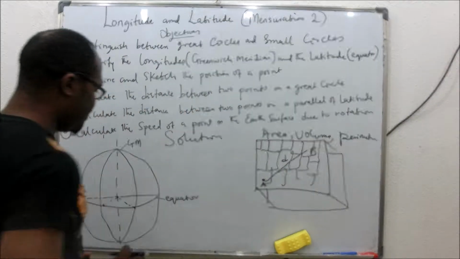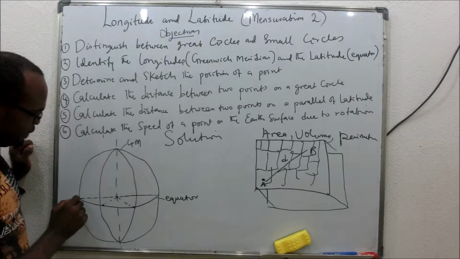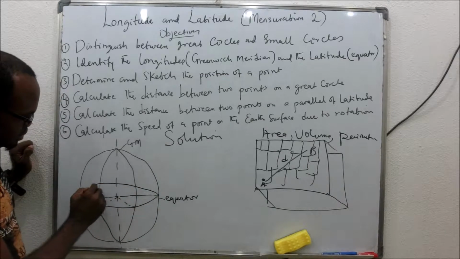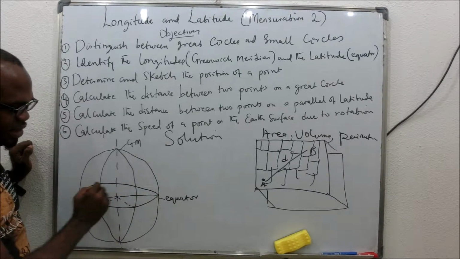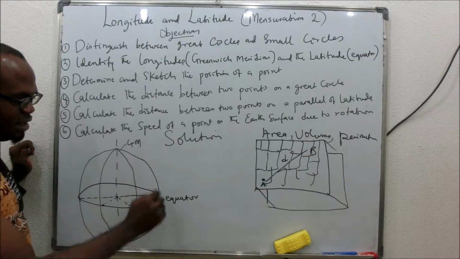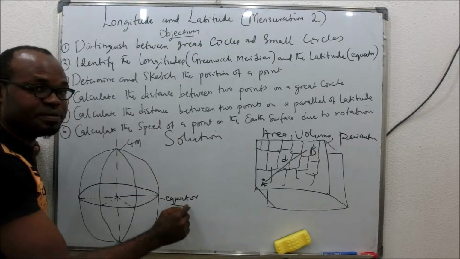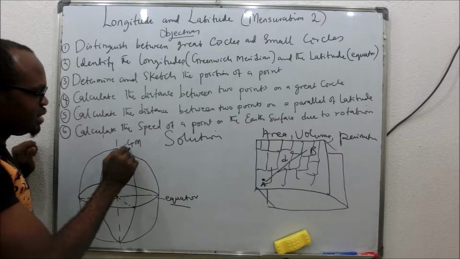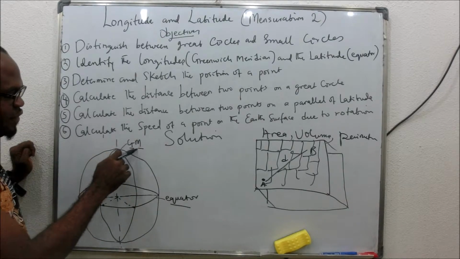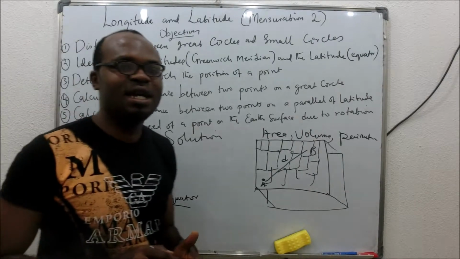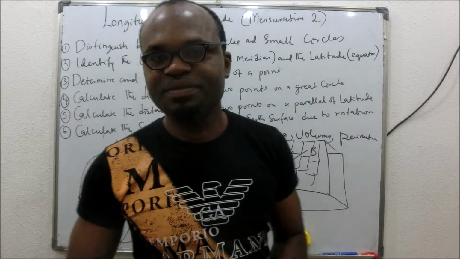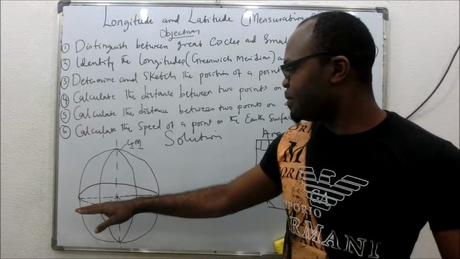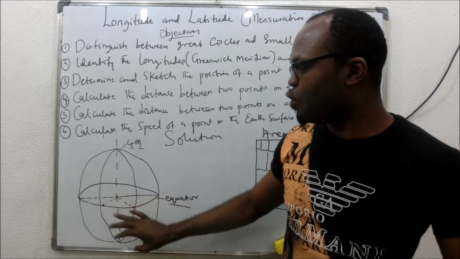When you look at the Earth, the circle at the middle of the Earth, the horizontal circle, is known as the equator, whereas the vertical circle is known as the Greenwich meridian. These two are very important, and they are known as great circles, because if you cut the Earth through this circle, you're going to find two equal parts.